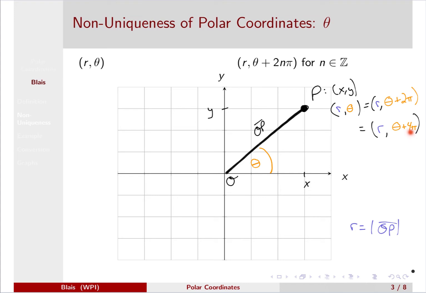We could have gone the other direction as well. We could have gone negative 2 pi or minus 4 pi. So this is an issue that rectangular coordinates do not have. The point (r, theta) is going to be the same point that we would get if we add any integer multiple of 2 pi to its angle theta.